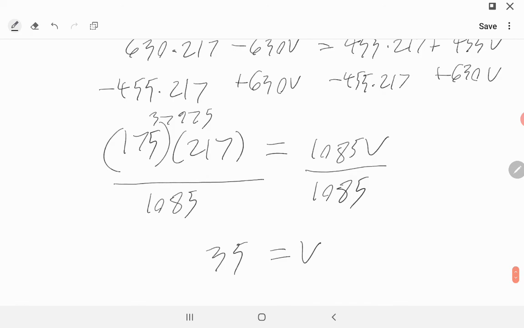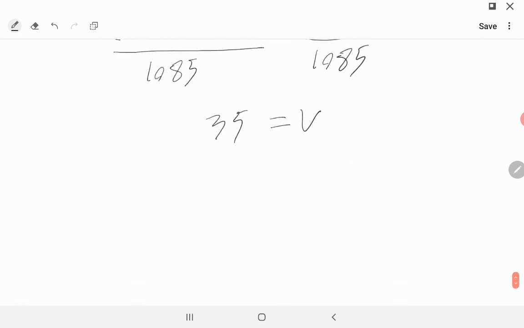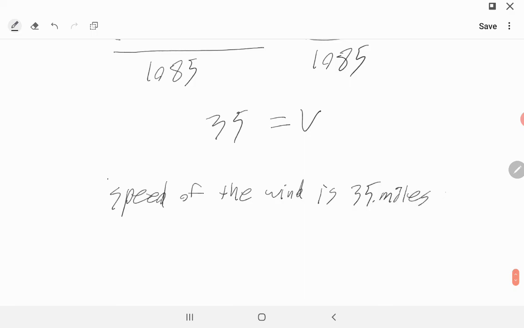So we find out that the velocity of the wind is 35 miles per hour. Well, the speed of the wind. If you take physics, you'll find velocity and speed are slightly different. Speed of the wind is 35 miles per hour.